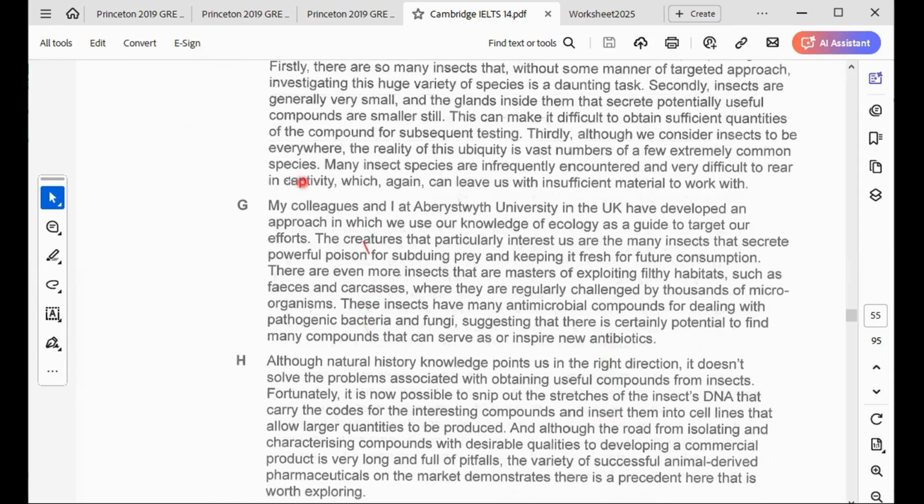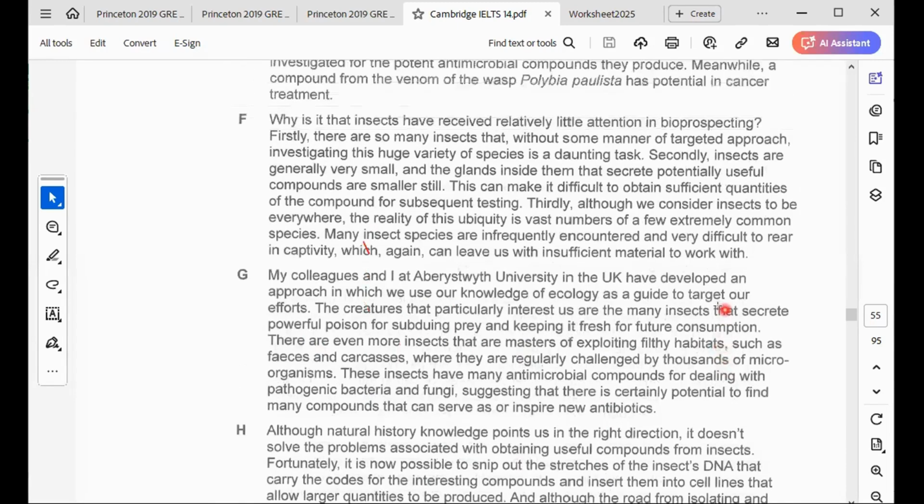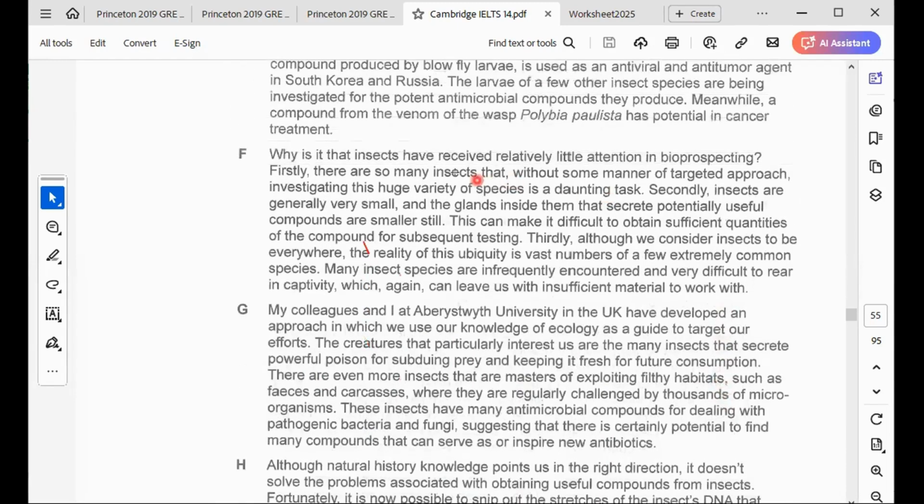Okay, let me check this paragraph G. We have developed the creatures that particularly interest us are insects. There are even more insects that are masters of exploiting filthy habitats. Okay. Hold on, let me check this paragraph F again.